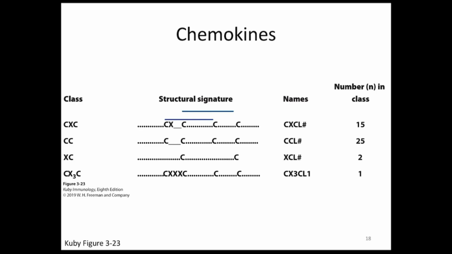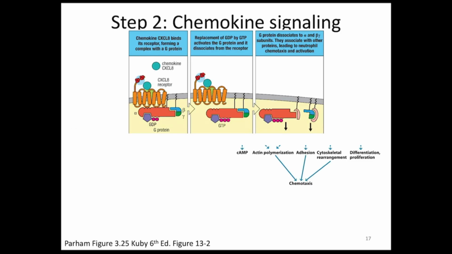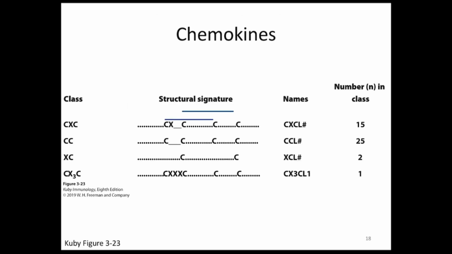So if something has one of these names with an L in it, it's a chemokine. It's the little blue circle guy. If you see the exact same kind of naming, but instead of an L, you see an R, then we're talking about a receptor.